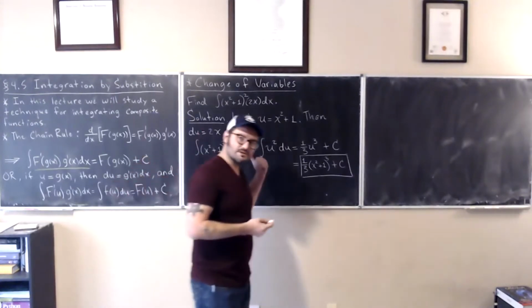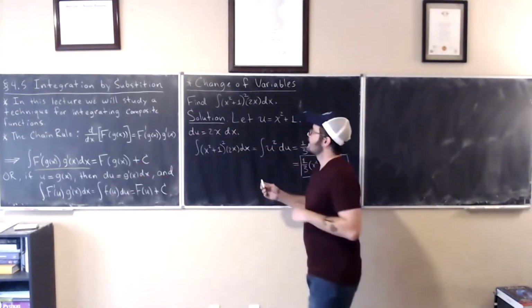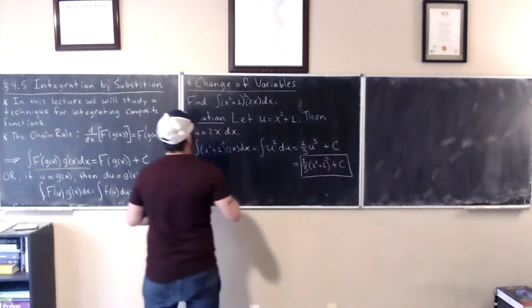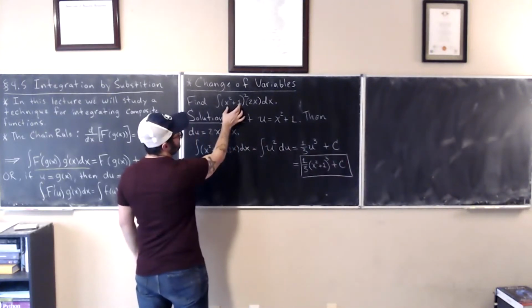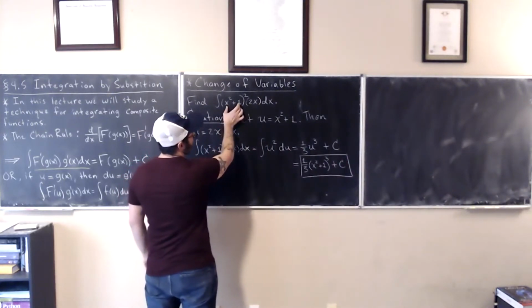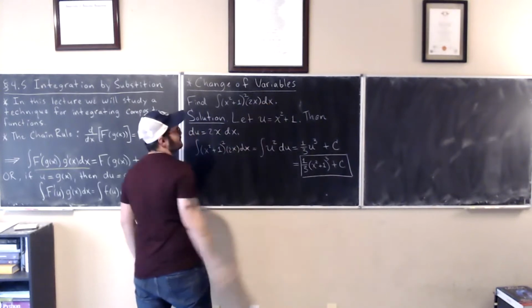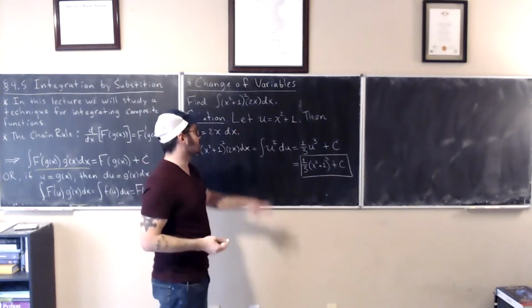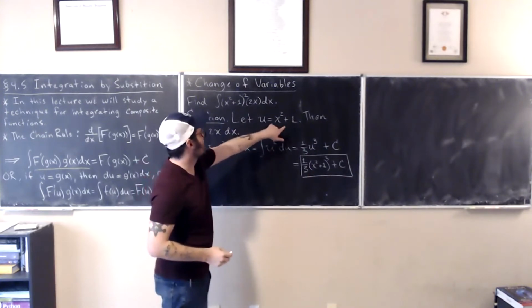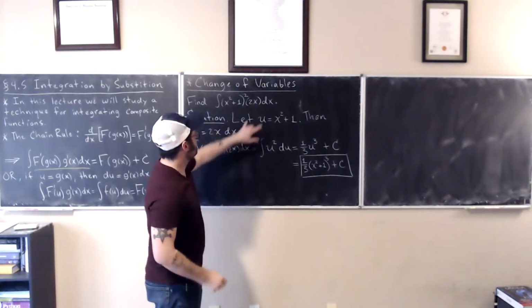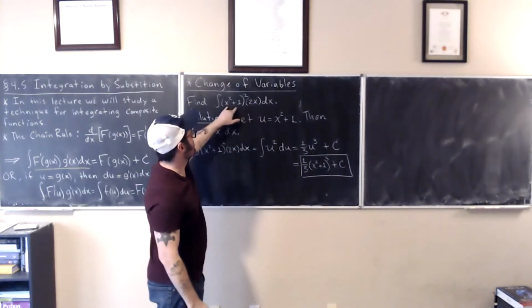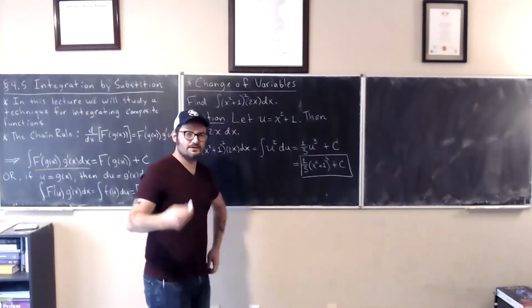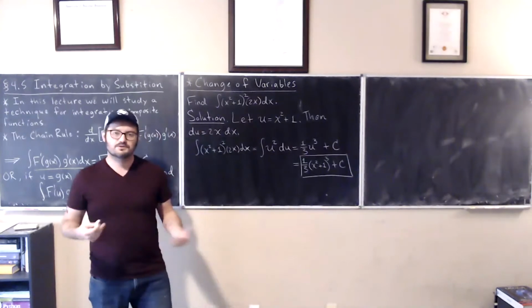So for example, with this problem right here, I saw that the derivative of the inside here is actually equal to this. So once I solved that, I had a clear choice of what my choice for u should be. So that once I pick my u, I take the derivative, this becomes du, and then I just have u to the power 2, and I know how to find the antiderivative of u squared. Right?